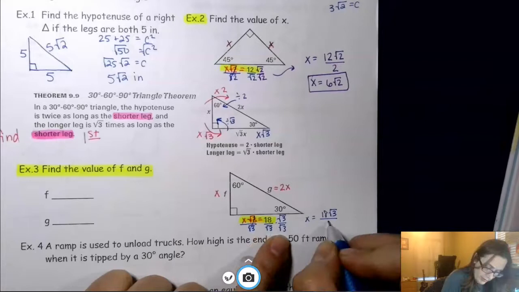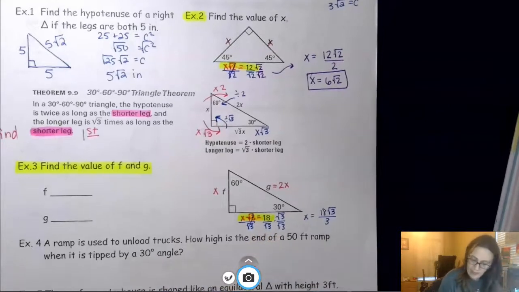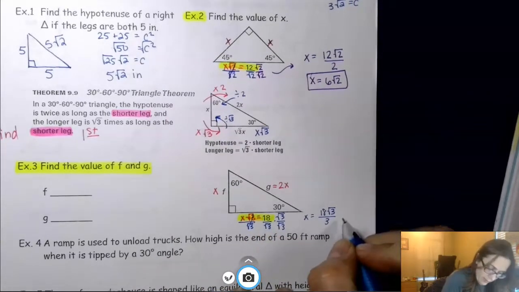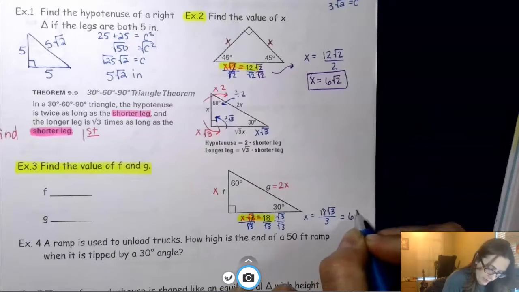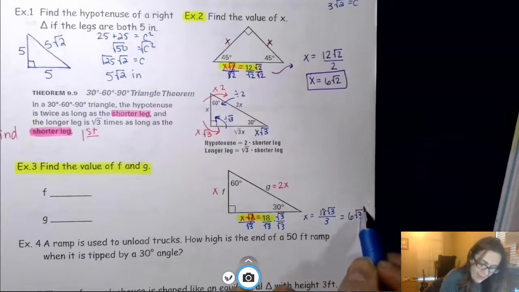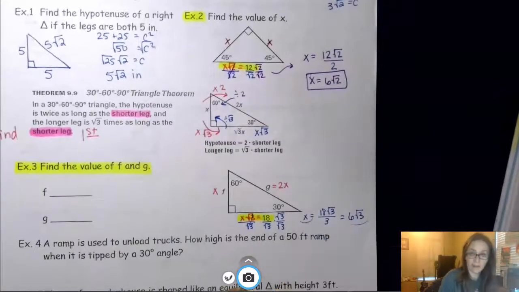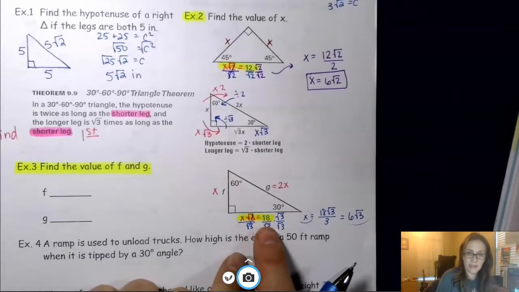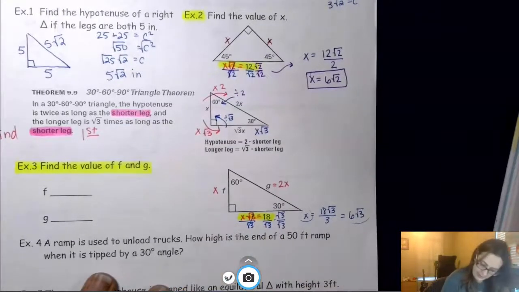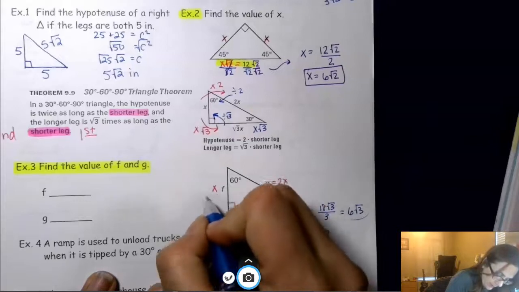Root 3 times root 3 is 3. That's going to divide. I'm actually going to end up right here with a 6 root 3. That's my answer for x. So I already know x root 3 is 18, so x is now 6 root 3.